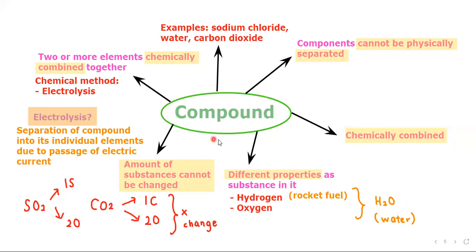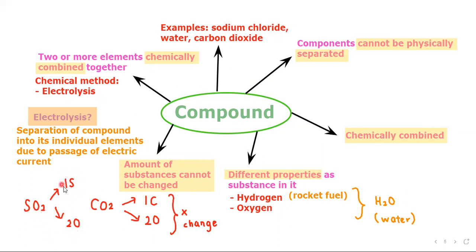Okay, so for a compound, the amount of substance cannot be changed. Why is it said like that? Because if you are trying to make sulfur dioxide, you are required to use 1 sulfur atom and 2 oxygen atoms in order to make sulfur dioxide.